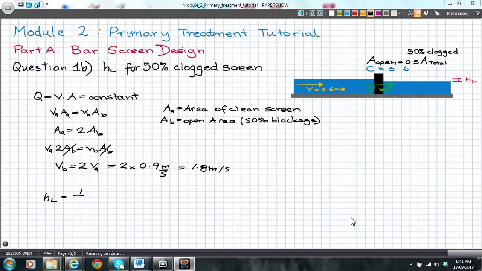Our friction coefficient for the clogged screen is going to be 0.6, as the friction will increase when you've got debris and other things clogging the screen.